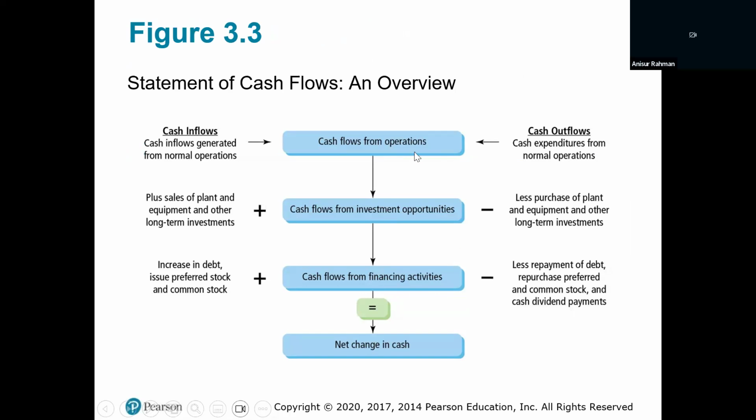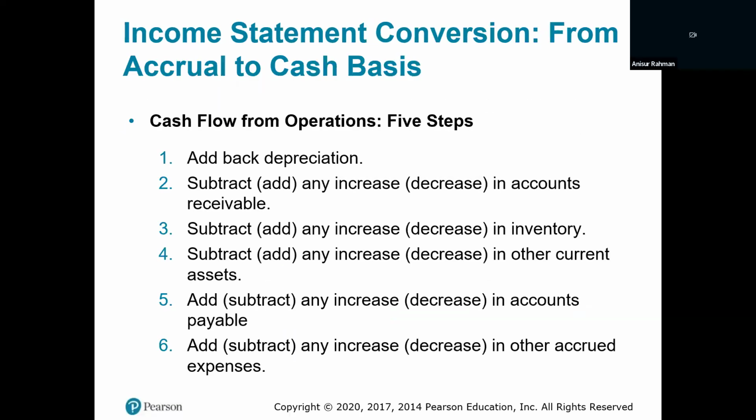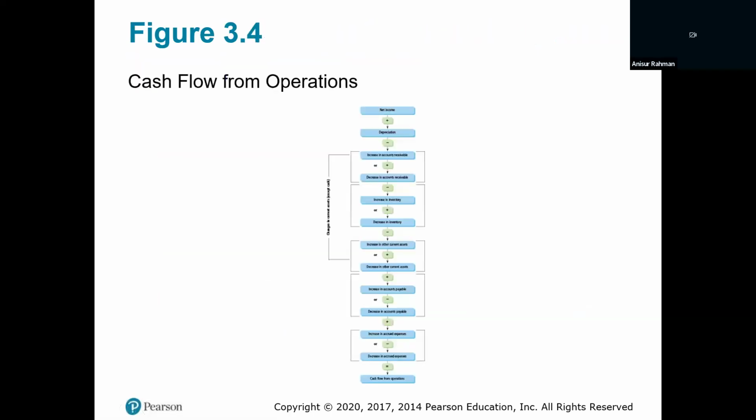And what is an example of cash flow from operations? An example of investing activities, an example of cash flow from financing activities, things like that. So this is how you can construct a cash flow from an income statement.